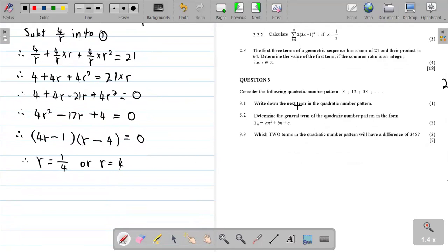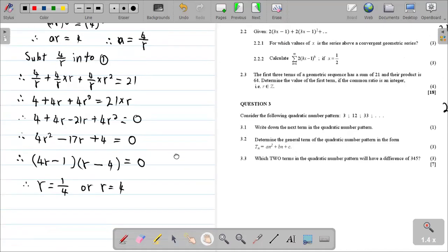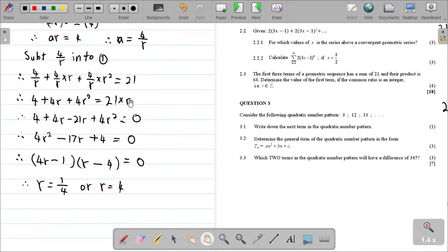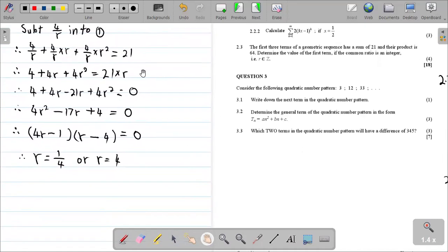But then they told us that if the common ratio is an integer, we take 4. So when we're looking for a, we're going to use the integer here. So it means therefore it's 4 over r, so a equals to 4 over r equals to 4 over 4.